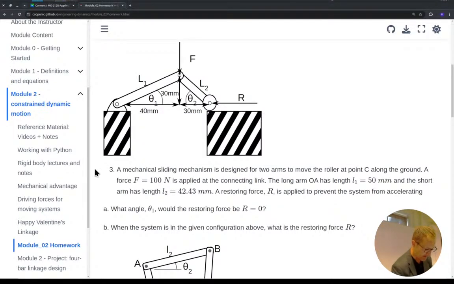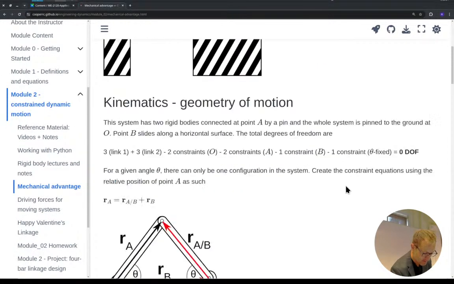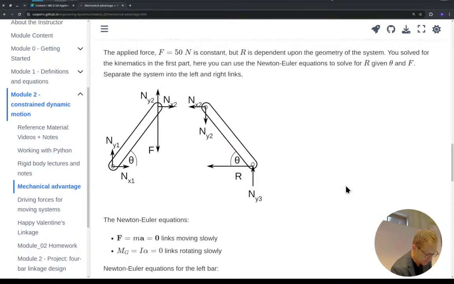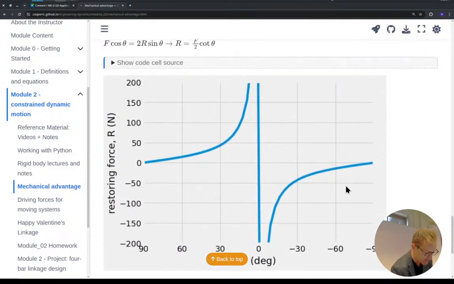And we do have a graph of mechanical advantage. And again, you can read things as they come up, but roughly this is what our system would look like as we're getting closer and closer to 0.